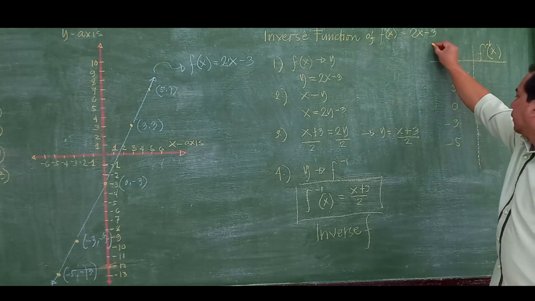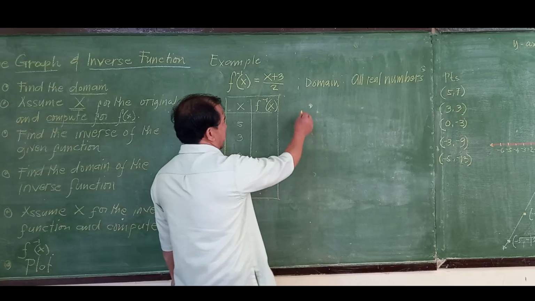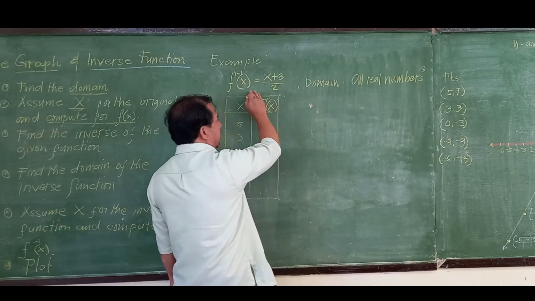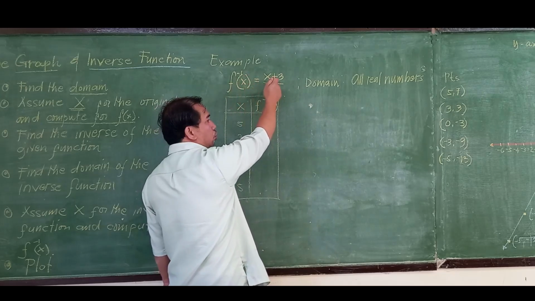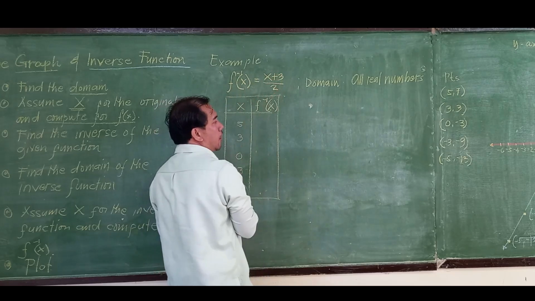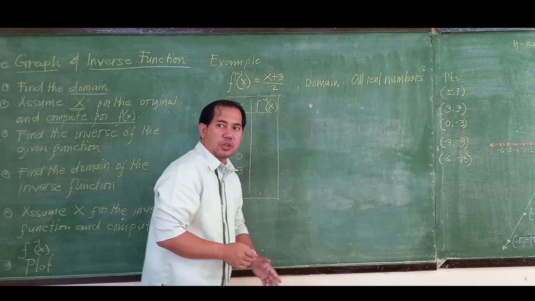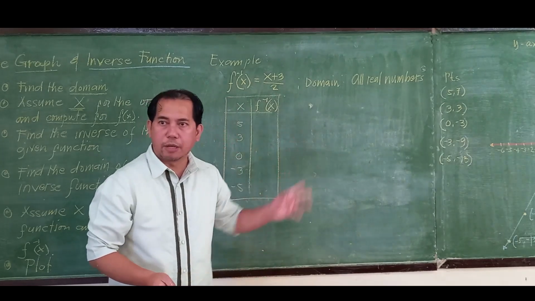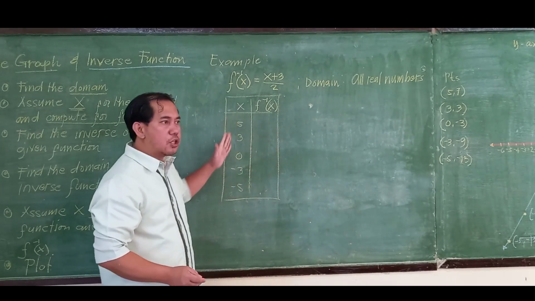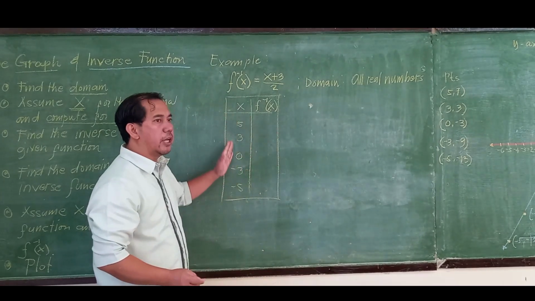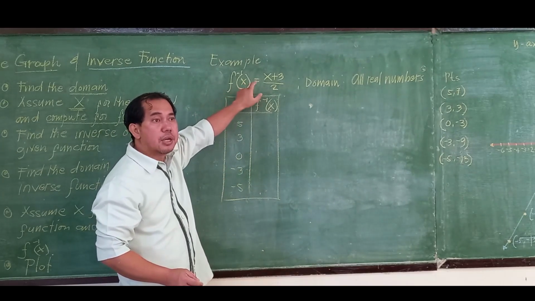Notice that our inverse function is x plus 3 over 2. The domain is all real numbers, or we just interchange the values that we used a while back. If we opt to change the values of x, we can still make use of this one, only that we use the inverse function.